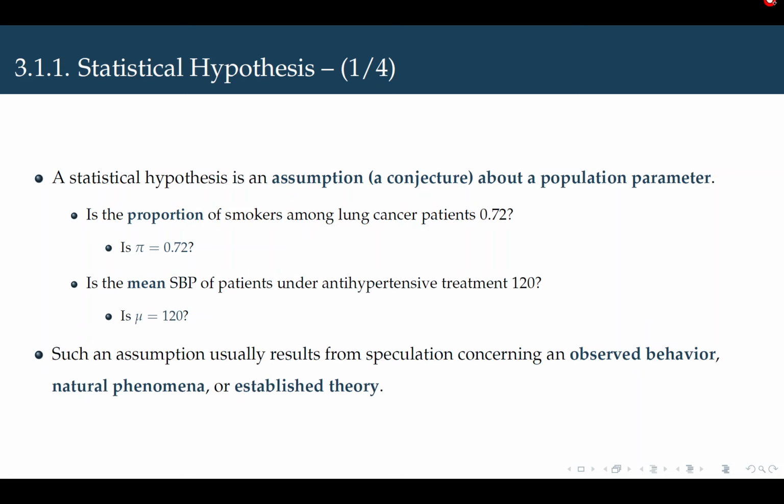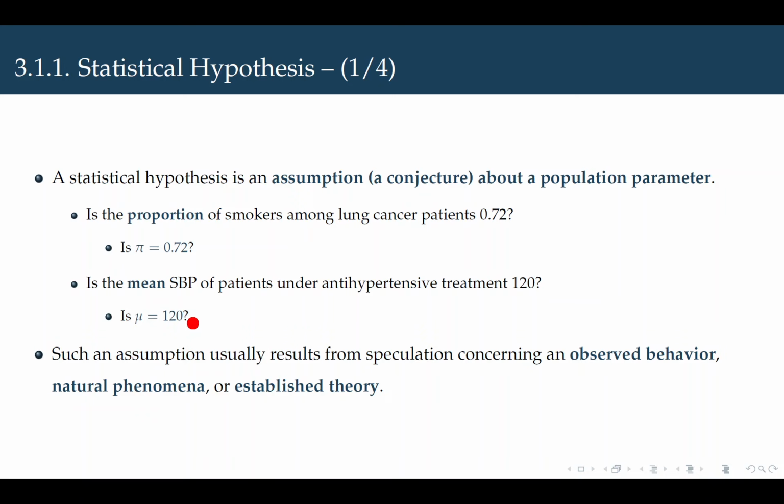Similarly, if we have the question, is the mean systolic blood pressure of patients under antihypertensive treatment 120? Now here, 120 is not a sample value. Rather, it is just an assumed value or hypothesized value for the population mean systolic blood pressure of patients under antihypertensive treatment. So here our question of interest is to check whether 120 is a plausible value for the population mean systolic blood pressure of patients under antihypertensive treatment.